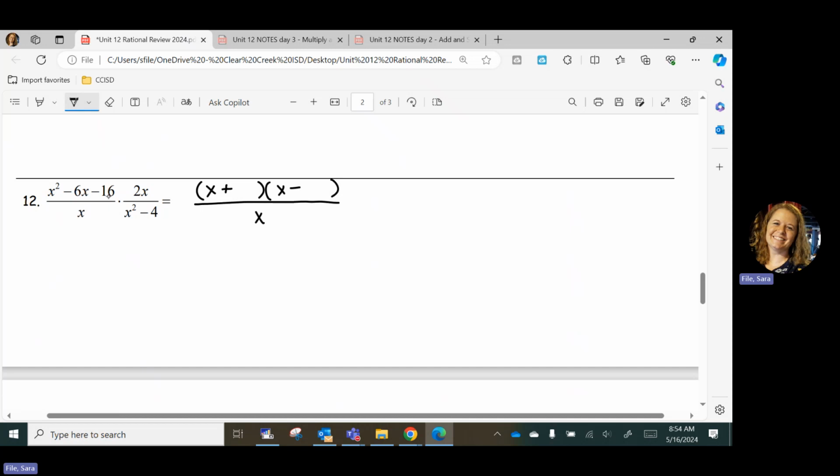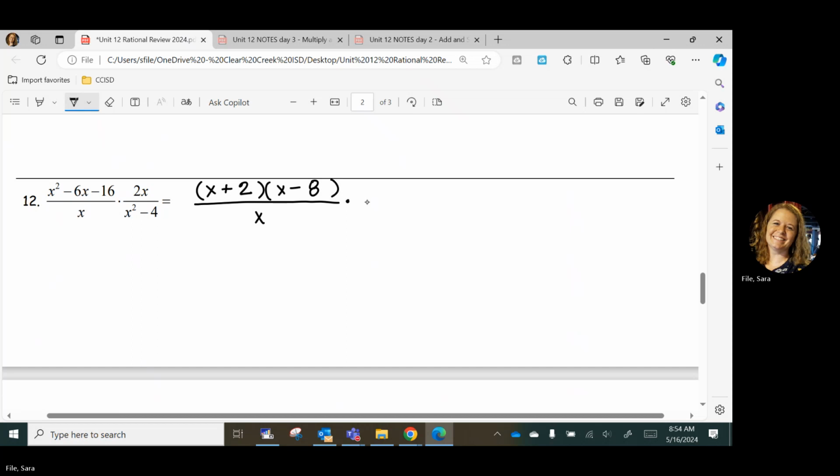What multiplies to 16 but has a difference of 6? 8 and 2. But again, I want it to come out to -6, so it's the 8 I want to be negative and the 2 I want to be positive.